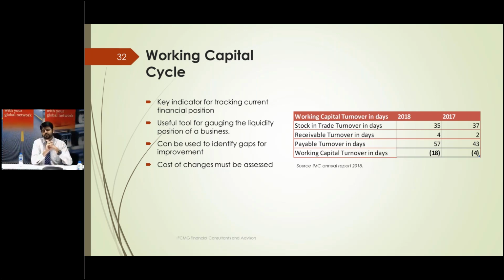We may receive inferior quality goods, we may give up any discount we may be getting, which means a higher price, and it would result in a bad credit reputation in the market, where creditors say they will not sell their merchandise on credit to so-and-so business. So it is very essential that the cost of all changes must be assessed.